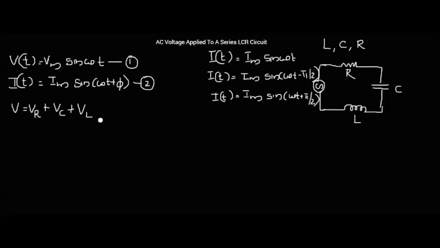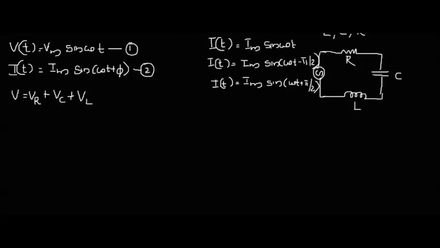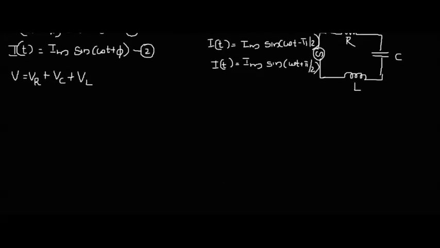Okay. So with that concept, I am drawing the phasor diagram of a series LCR circuit. With the previous knowledge of phasor relation between voltage and current in individual circuits, we are drawing the phasor diagram of a series LCR circuit. So to draw the phasor diagram, I am taking two axes, and first I am drawing the phasor of a current, because the current flowing through each component will be same.